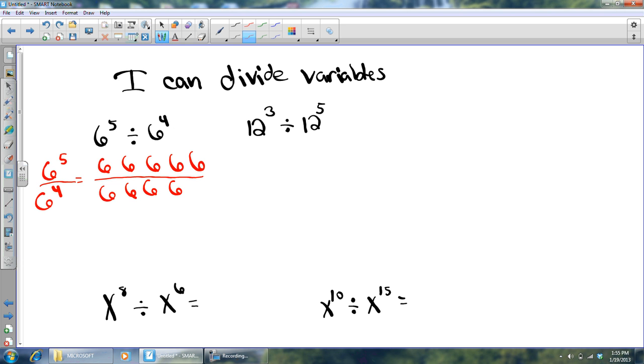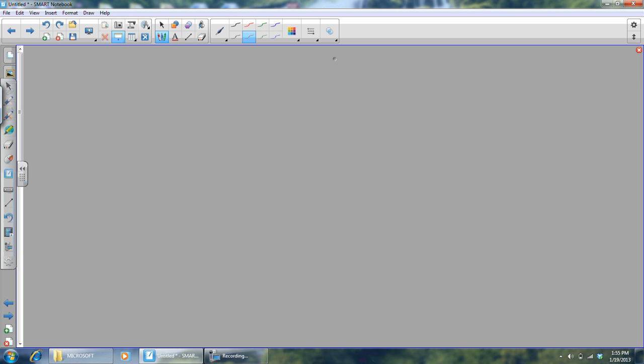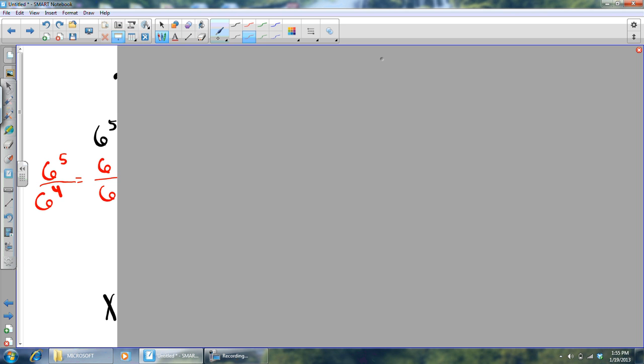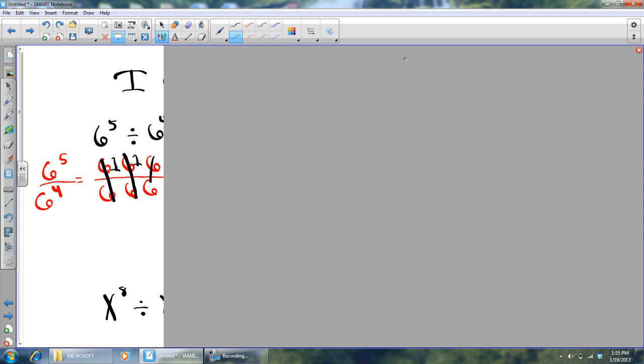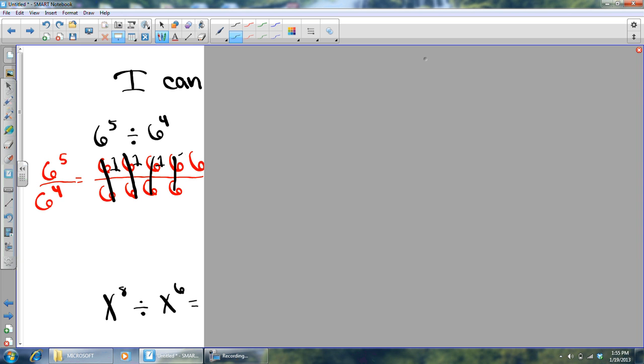Now, if I look here, I know that 6 divided by 6 cancels out into 1, right? And 6 divided by 6, those cancel into 1. And 6 divided by 6 there, they cancel to 1. These two 6's cancel to 1.